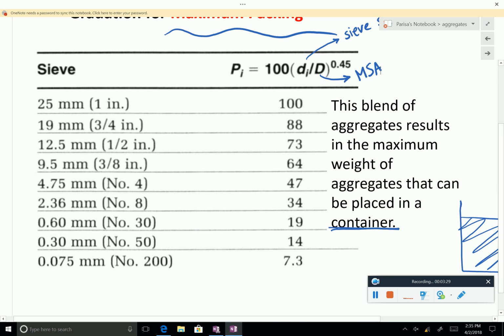So here 25 millimeter is the maximum. So you have 100 and then you get other numbers. And if you have a gradation which is represented by this relationship, this is the densest you can have.